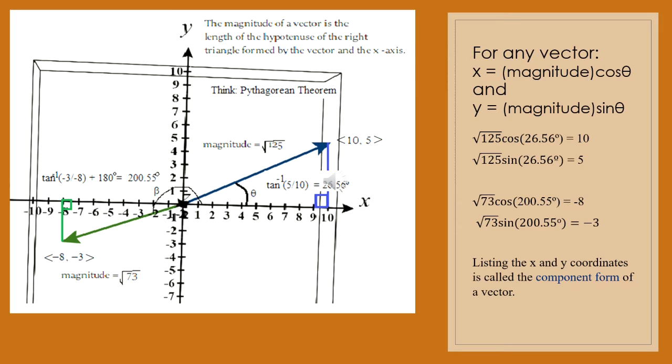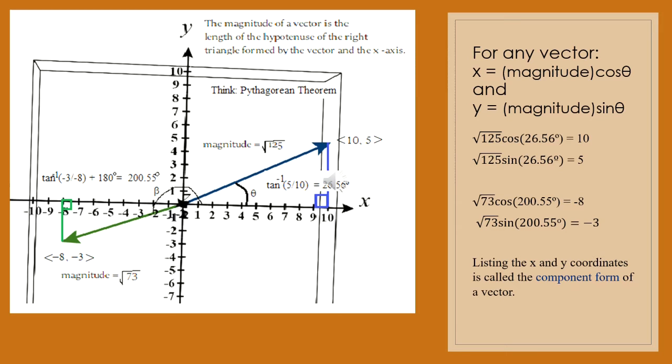So if I use 200.55 degrees for the other vector that's in our diagram, we can double check that the square root of 73 times cosine of 200.55 degrees equals -8. Cosine of 200 point something degrees is negative.